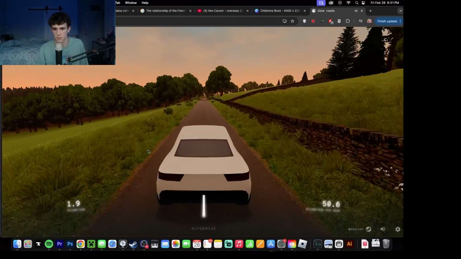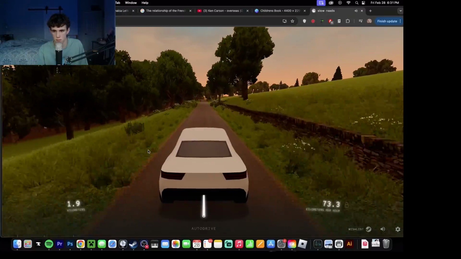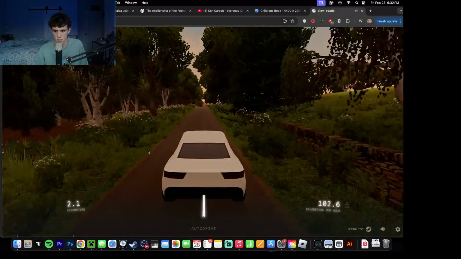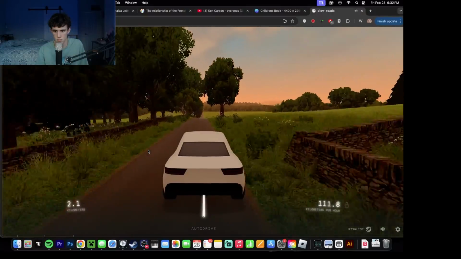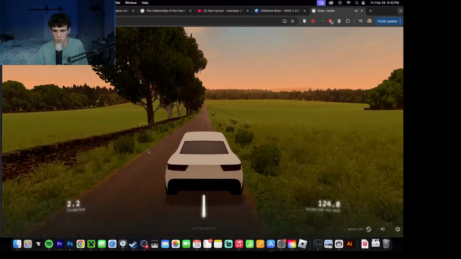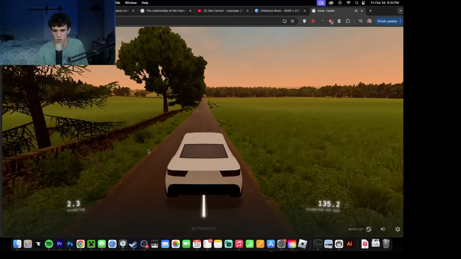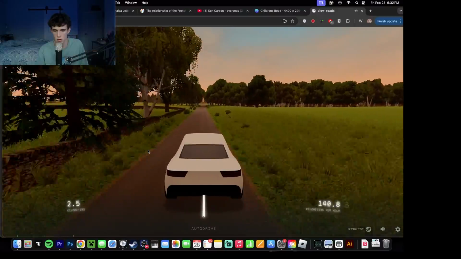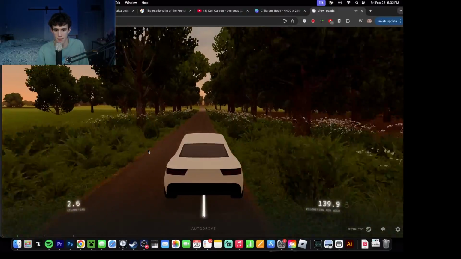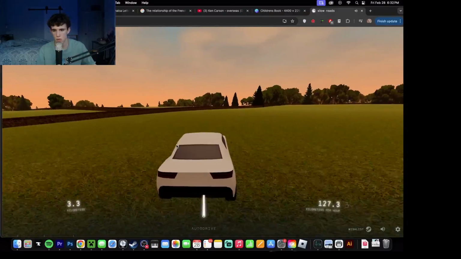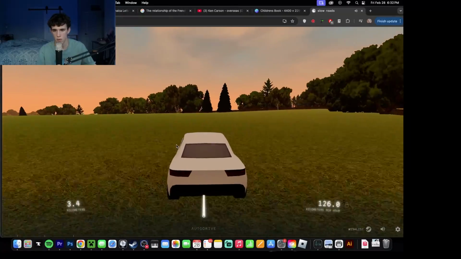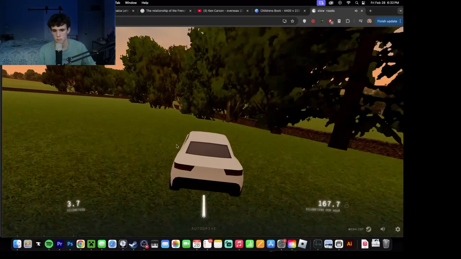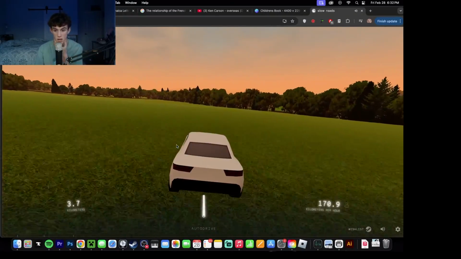Let's hit it. Come on, 150. Looks like we're capping out at about 140. Oh, there's a wall. Oh god. Oh, I just phased through the wall. Oh, we're at 170. I didn't even notice.